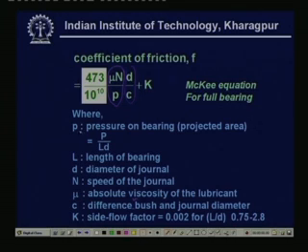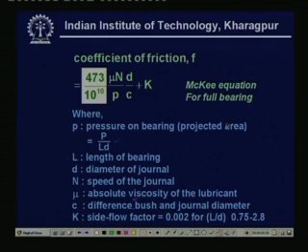So, you understand the pressure on the bearing, projected area P by L D, which I have already explained, length of the bearing, diameter of the journal, speed of the journal, absolute velocity. So, all these terms are known to you. Only this K is a side flow factor, which is 0.002 for L by D ratios ranging from 0.75 to 2.8.